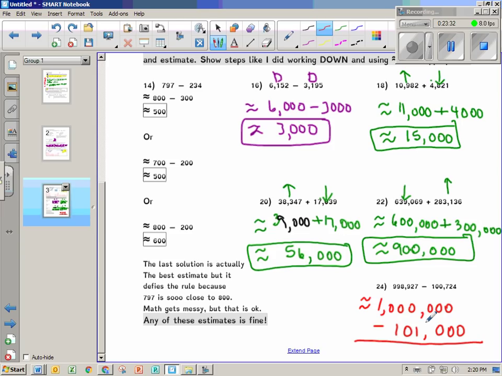Well, what's 1,000 minus 100? 900. So if you subtract another 1, 900 minus 1 would be 899,000. And that is our approximation.